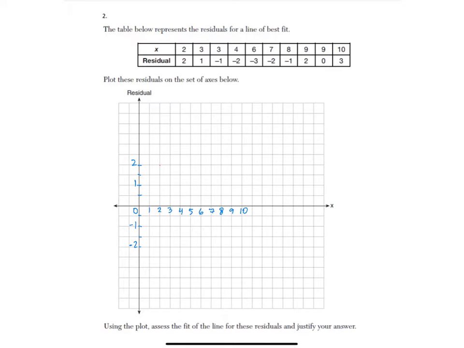2, 2 is up here, 3, 1 is here, 3, -1 is here, 4, -2 is down here, 6, -3 would be down here, 7, -2 would be here, 8, -1, 9, 0, and 10, 3.